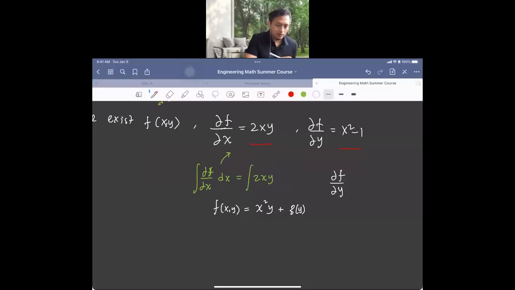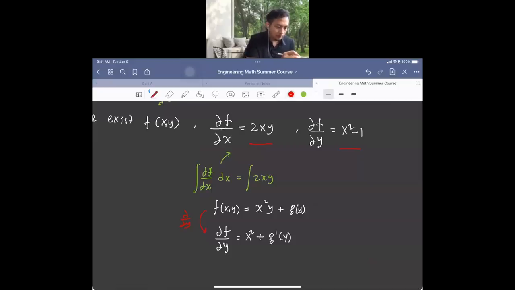So we take the partial. This will be x squared plus g prime of y. Okay, so take partials.